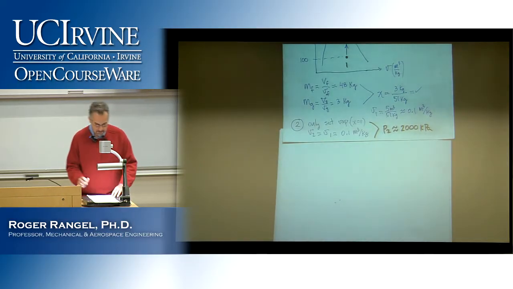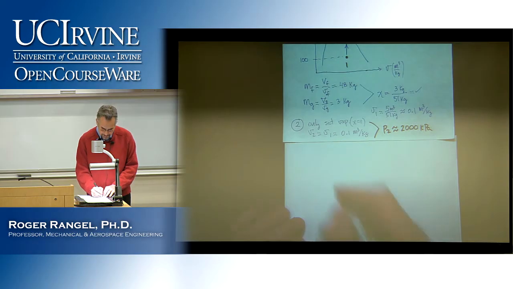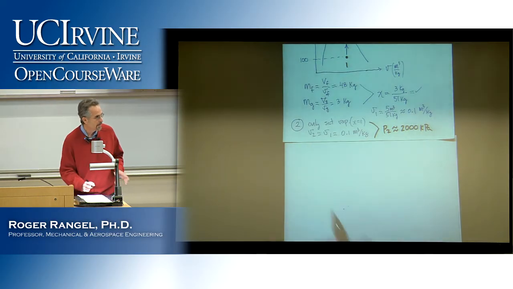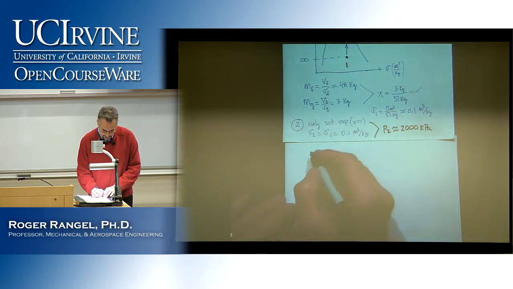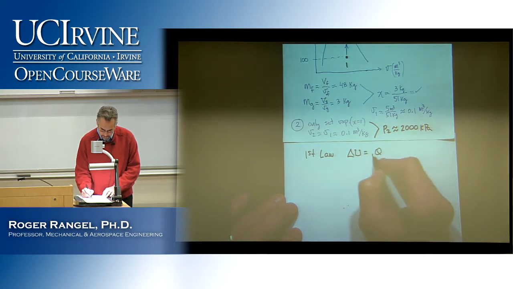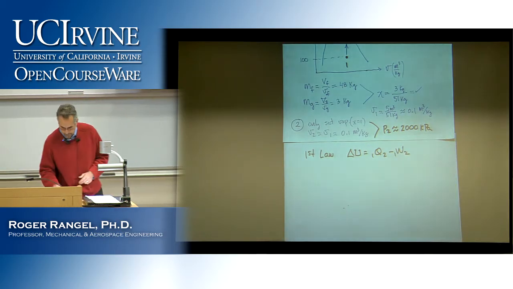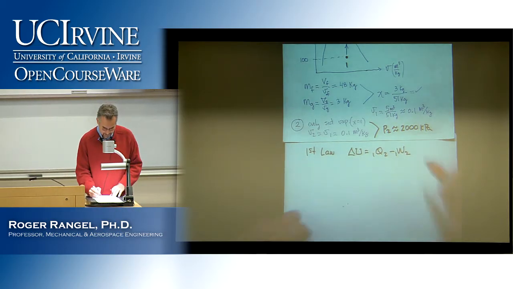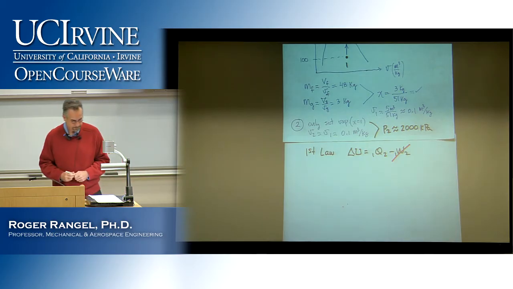So that's what I need the first law of thermodynamics for. So if I write the first law, again, neglect potential energy, kinetic energy. So the first law is just delta U equals Q12 minus W12. This is a rigid tank, so there is no work.